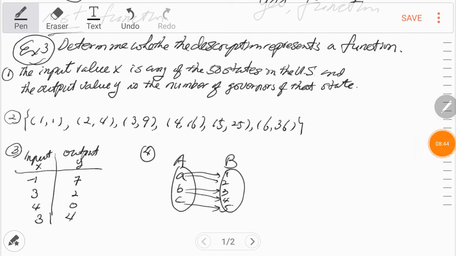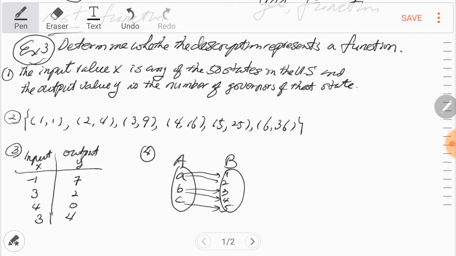Okay, in this example, let's determine whether each description represents a function. Number 1. The input value x is any of the 50 states in the United States. So, each state has a number of governors. It is unique.